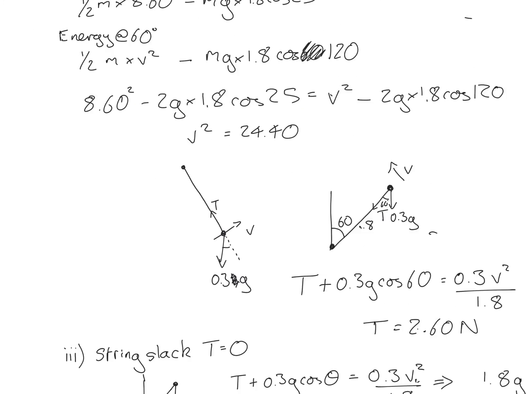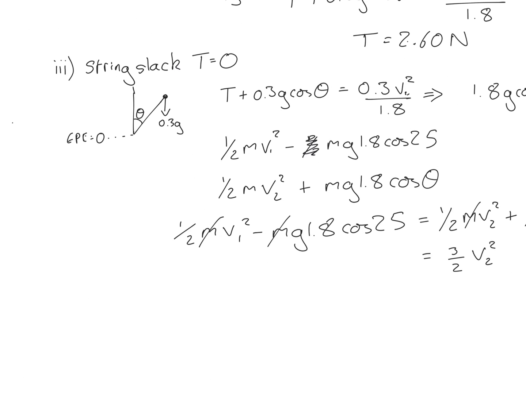V is 8.60. Half times 8.60 squared minus 9.8 times 1.8 times cos 25.